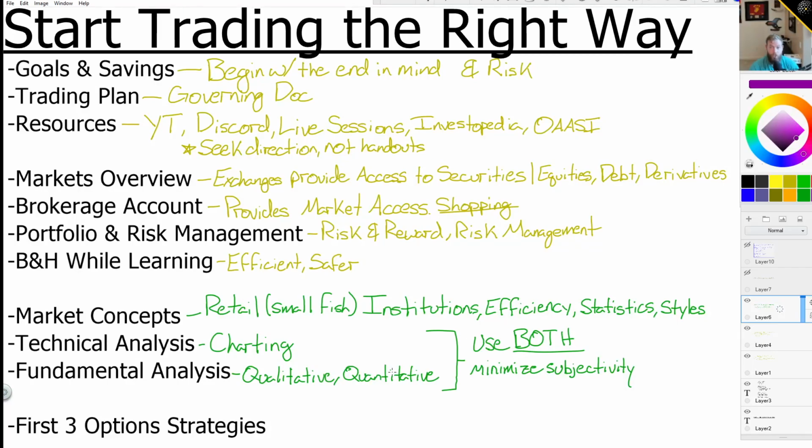Technical analysis is essentially when we're looking at charts and trying to use the information we see on charts to develop ideas on where things are going to go. Fundamental analysis is when we're looking at the qualitative and quantitative aspects of a company. We're looking at earnings statements, products, leadership, analyst recommendations, analyst revisions, all of those sorts of things.